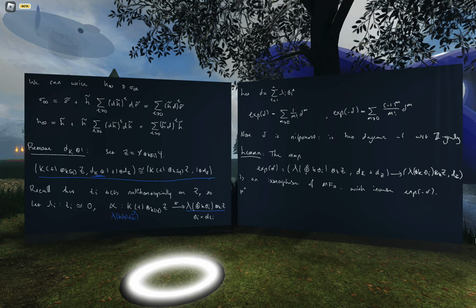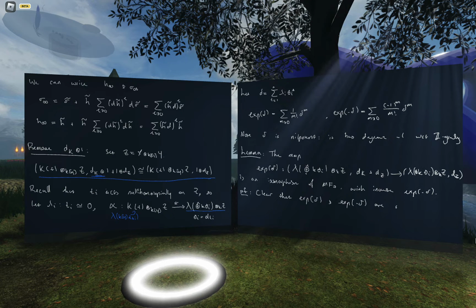Okay, so proof. It's clear, or maybe I should say it's an exercise, that exp of delta and exp of minus delta are mutually inverse isomorphisms of modules.